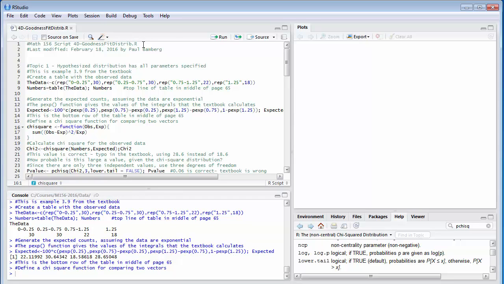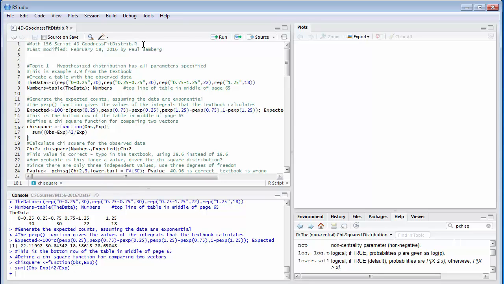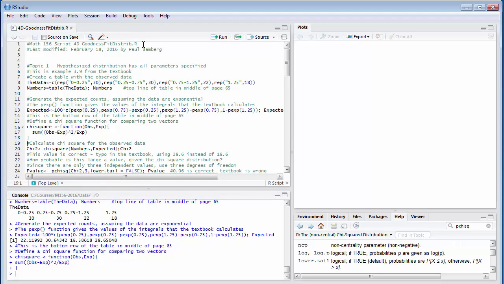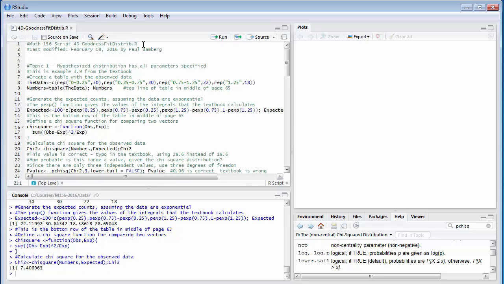Then we define the usual sort of chi-square function, only this is the simplest one ever. We've got a vector of observed values, a vector of expected values, and we just sum up the square of the difference divided by the expected value. And from that, we can calculate the value of the chi-squared function and store it in the variable chi2, and the answer we get is 7.4.